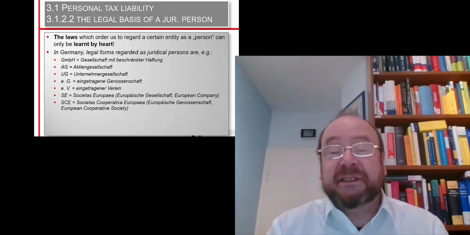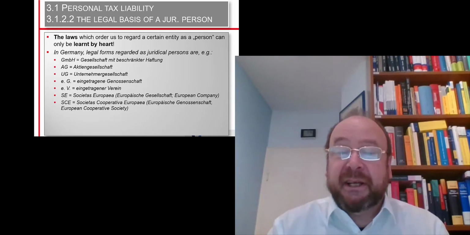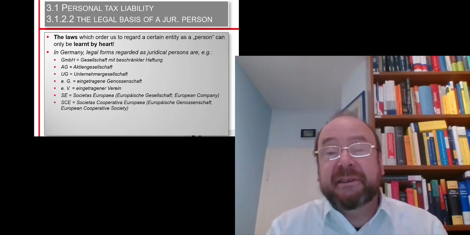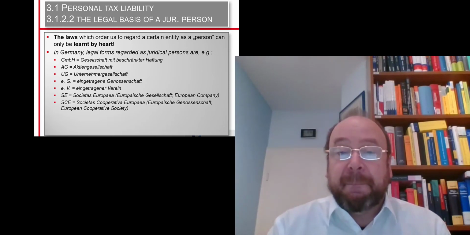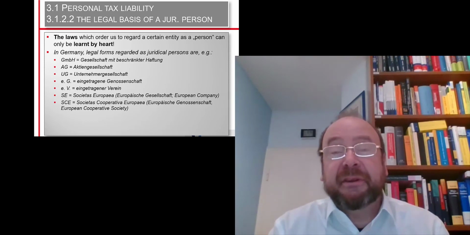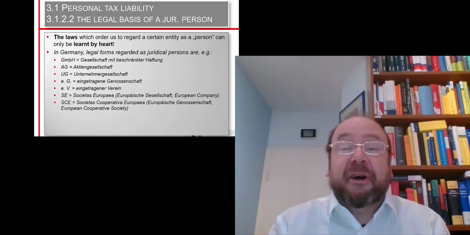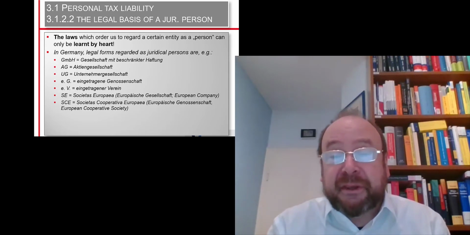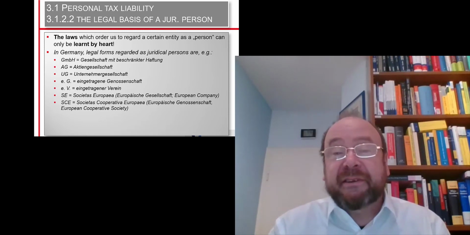On the other hand, if the Germans say everyone has to do as if this entity, a GmbH, is a person, well, this order is binding on German state territory, but an American will shrug his shoulders and say, what are German orders for me? Nothing. I'm not obliged to follow them. So in cross-border relations, there will be a problem.